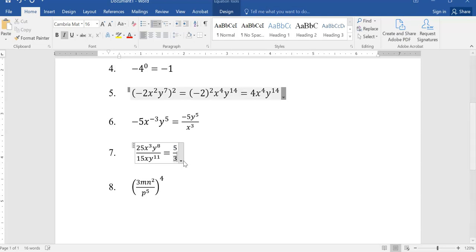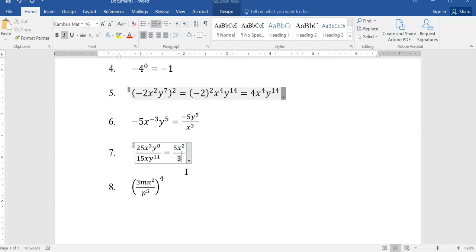We can use our calculator to get that. Then I focus on x to the third divided by x. Now this x in the denominator is an x to the first power. So we have more factors of x on the top. In fact, we have 2 more factors of x on the top than we do on the bottom. 3 minus 1 is 2.